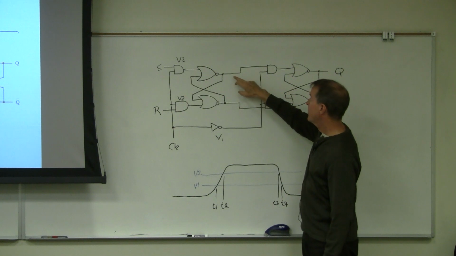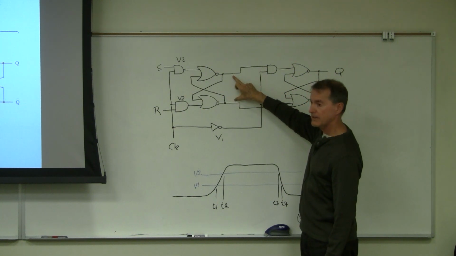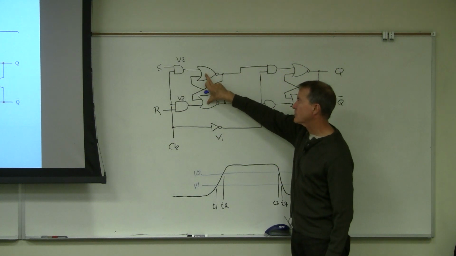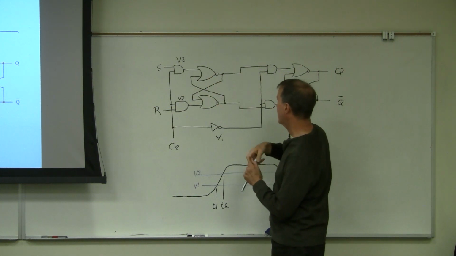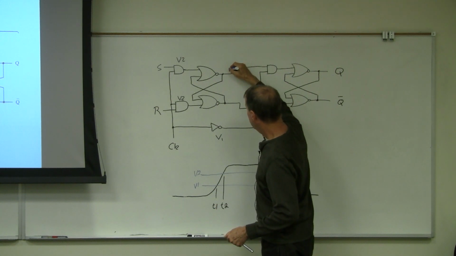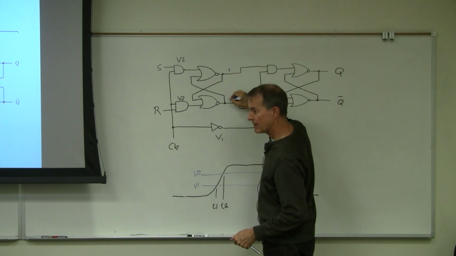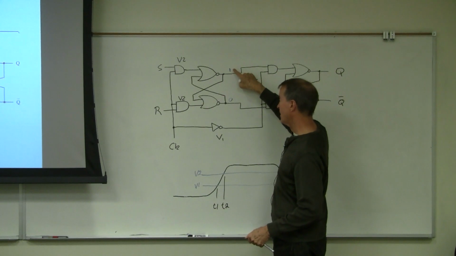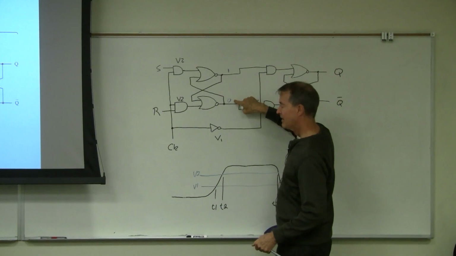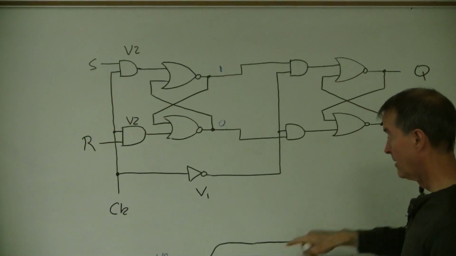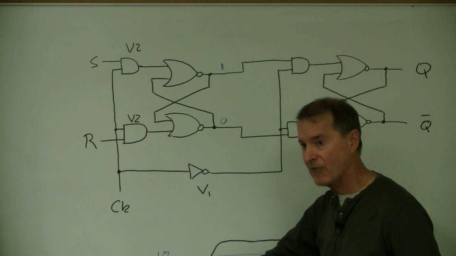And now tell me, what state could it be in? There are only two possible states that the master latch can be in. It can either be in what? Well, if this is 1, then this must be 0. On the other hand, if this is 1 and this is 0, what's going to be the state here? Now follow me through here.